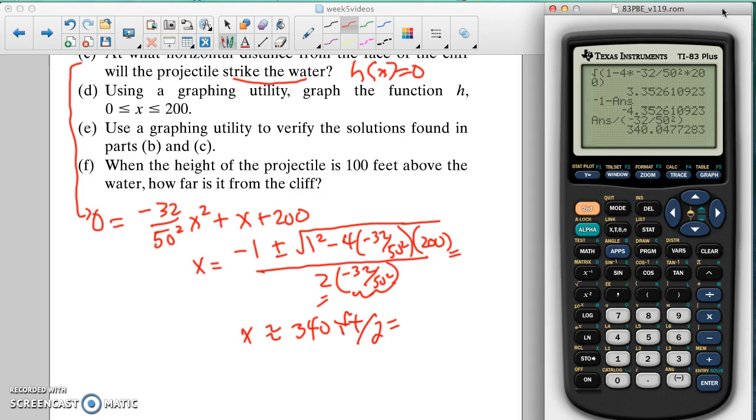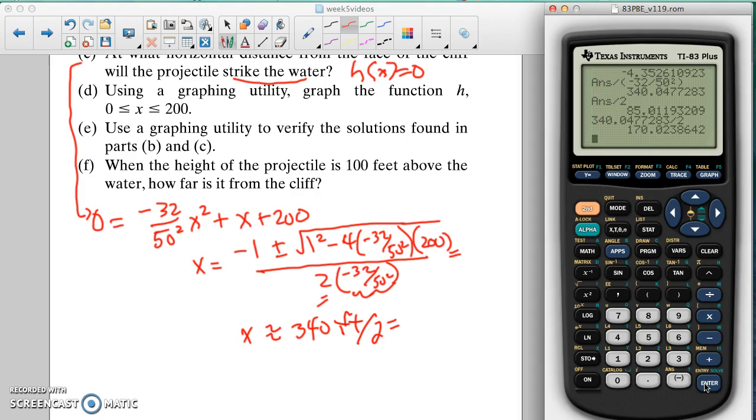And in this case, if I do that, 340.0477282 divided by 2 gives 170.